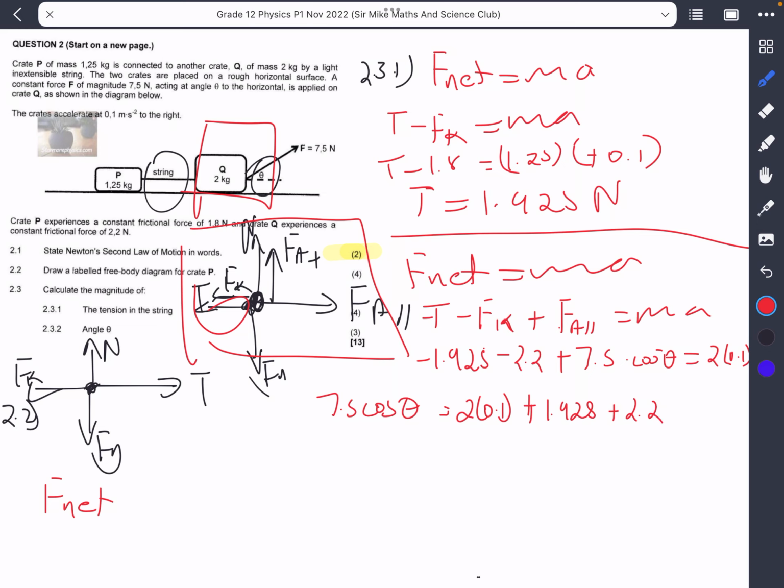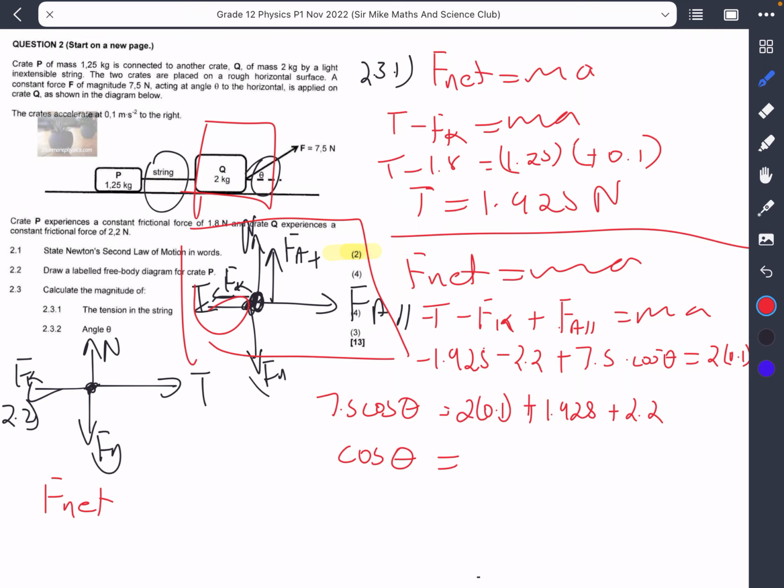So I'm just going to divide by 7.5. So I would have cos of theta being equals to 2 multiplied by 0.1 plus 1.925 plus 2.2, divided by 7.5.